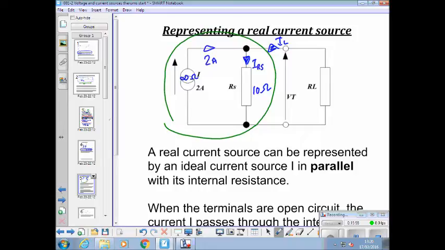If that's a battery that will deliver you 2 amps and it's got an internal resistance of 10 ohms, that bit is all inside the battery, and you can't get to it to measure the current through there. You can find out what it is, but that resistor doesn't exist. This is a model that will model the behaviour of a battery as a current source.